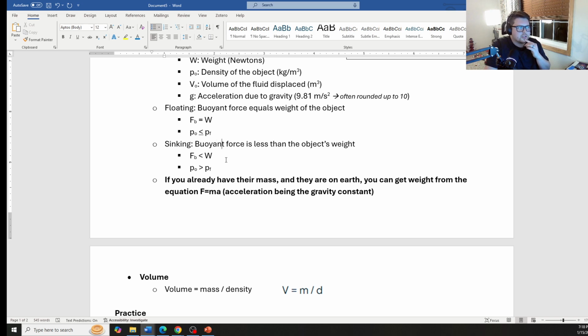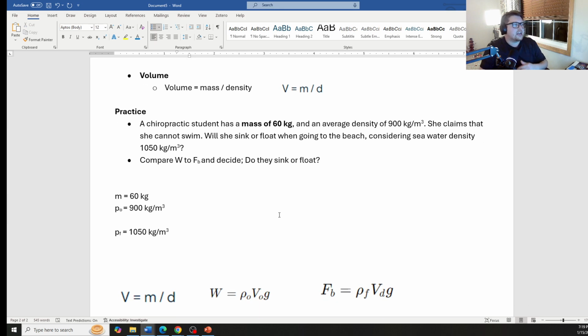For sinking, the buoyancy force is less than the weight, so our object is more dense than the fluid. And honestly, from that number, I can tell you right now, because she is less dense than water, less dense means that she should float. So right off the bat, she should float.